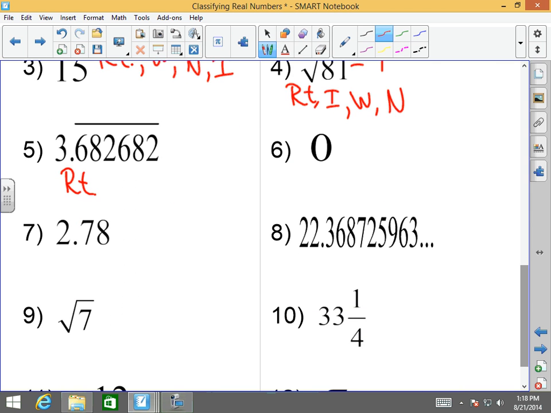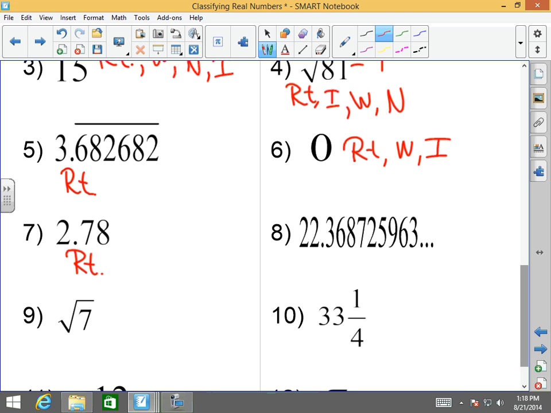How about 0? It's rational, whole, integer. Is it natural? No. Very good, very good. How about 2.78? Rational. Would it fall into any other ones besides real?